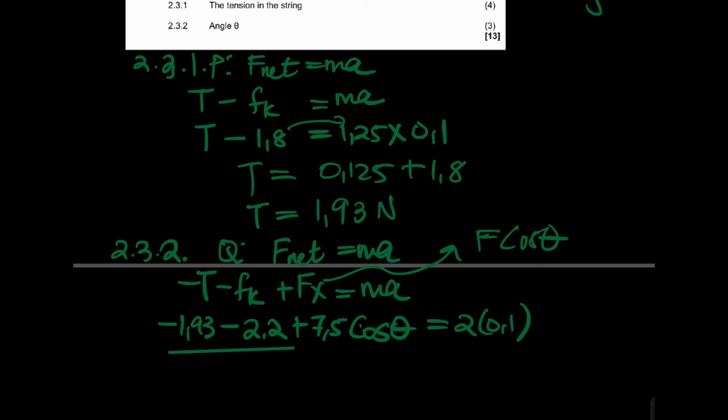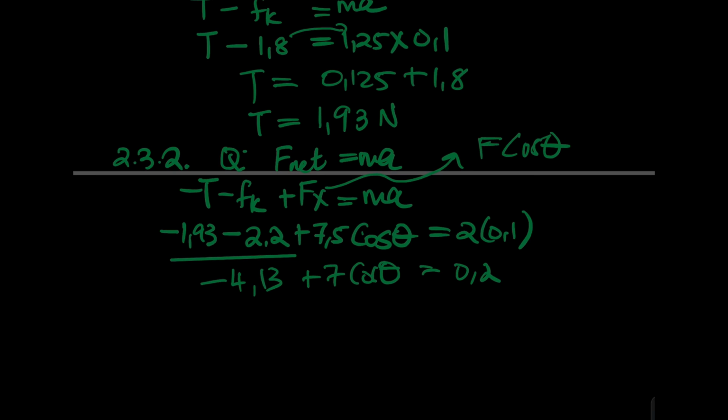So it's going to be negative 1.93 minus 2.2, which is negative 4.13, plus 7.5 cos theta. 2 times 0.1 is 0.2, and then I transpose that, it's going to be 7.5 cos theta is equal to 0.2 plus 4.13.